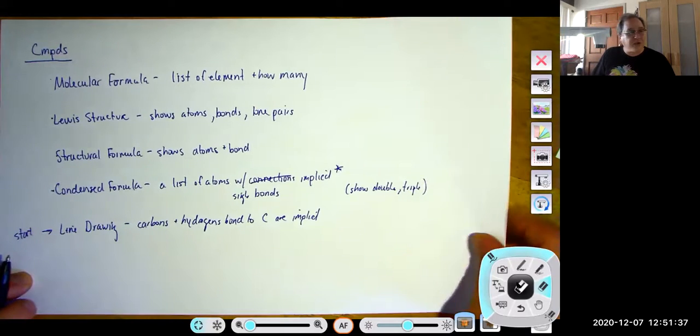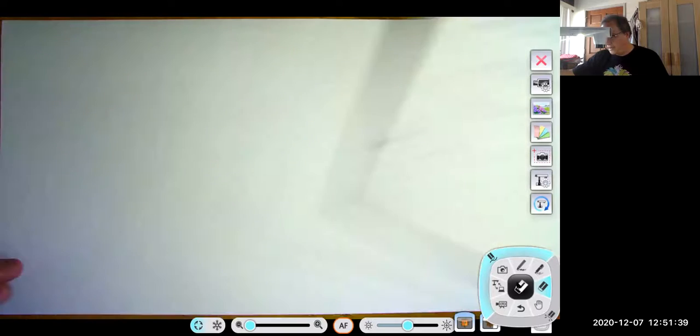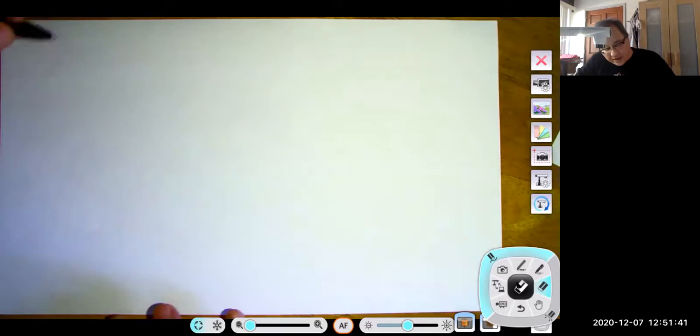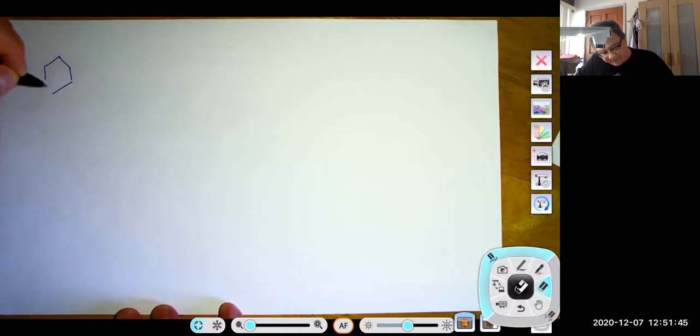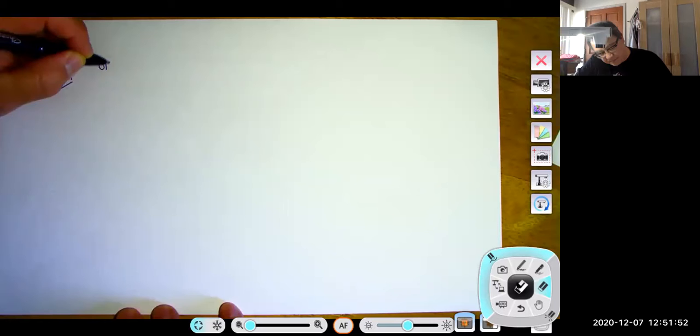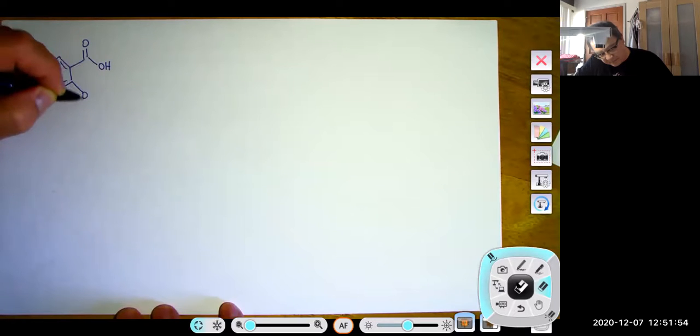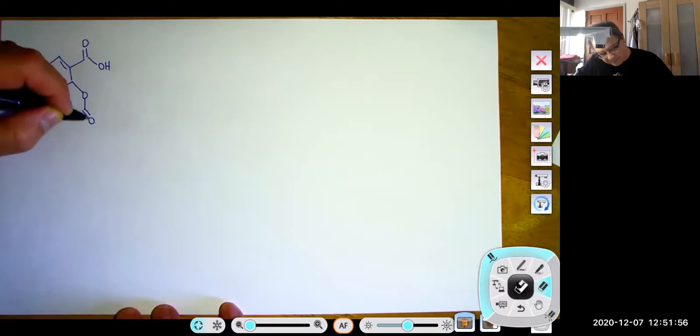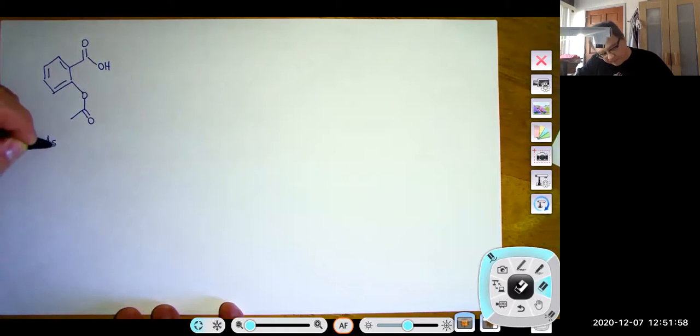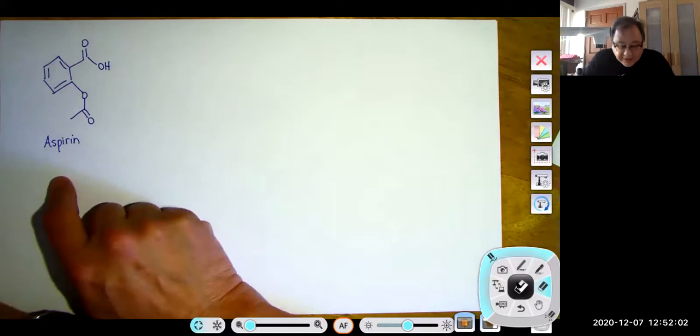So let me show you a line drawing. This is the line drawing of something called aspirin. Now, this is something you may not know, but aspirin actually has 3 syllables.